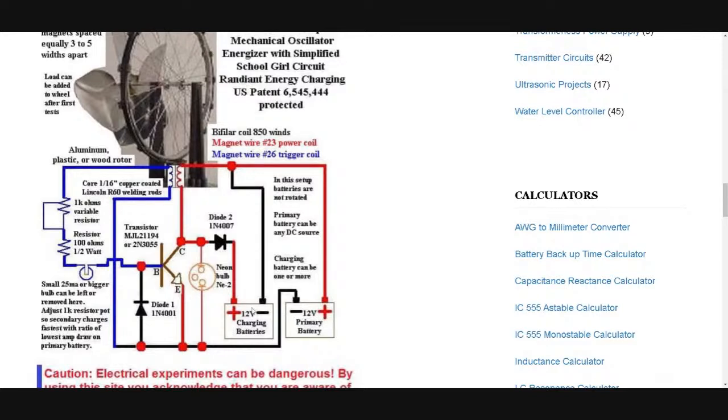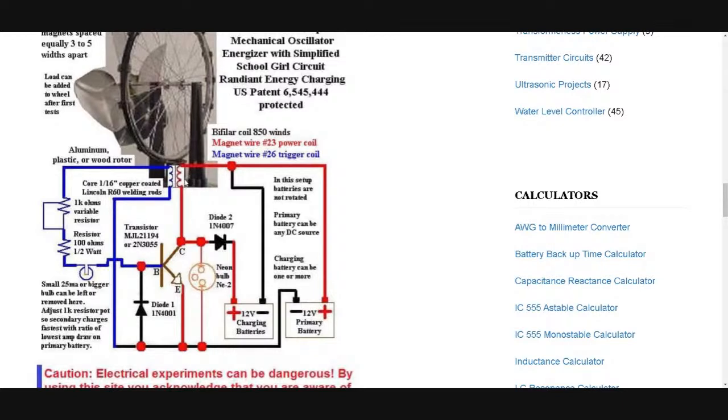But I happen to notice something here for a second. But that's one way it can self oscillate: through the back EMF on the drive coil hitting the trigger winding, which is a bifilar wrapped around the same piece of iron.